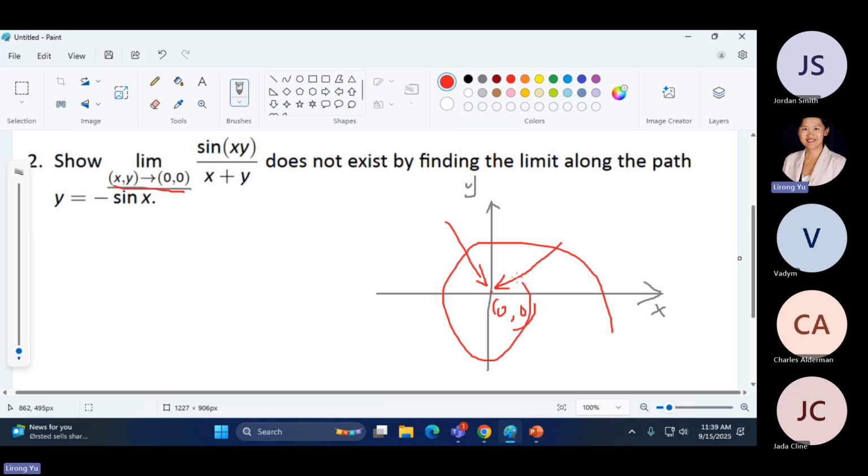It could also approach 0 this way, and it could also approach 0 along the one which had the negative sign, this negative sine curve, like this. So it's approaching 0 this way. So you may have many different ways of approaching a single point. This is what's making the two-dimensional limit complex, because we're facing different paths where x and y can approach a single point.